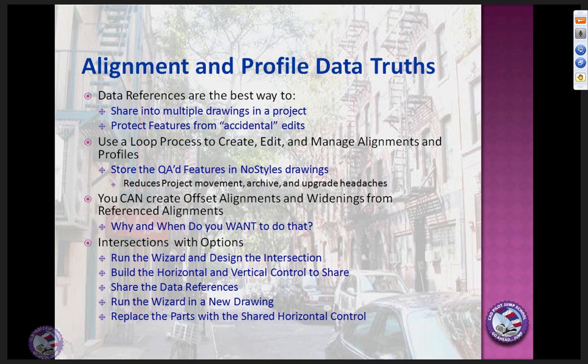And then you go back and replace the shared parts with that shared horizontal control. And once you've locked down, hey, that's the one we want to use, that can save you a whole bunch of time, keep things from making you pull your hair out, and reduce the amount of risk you have in any one drawing or publishing drawing that you produce out of your project.